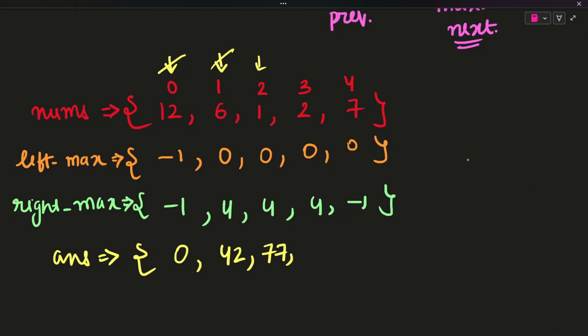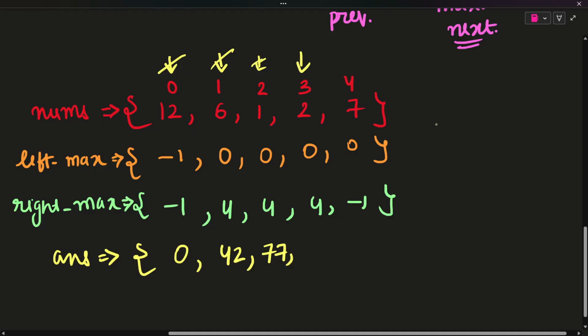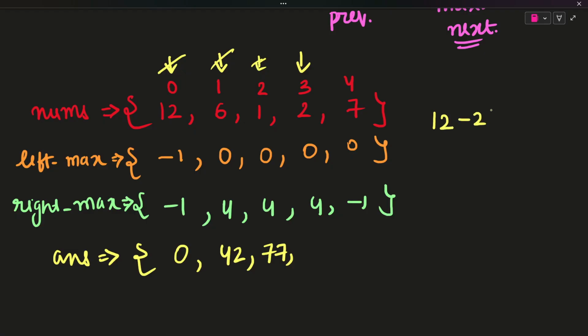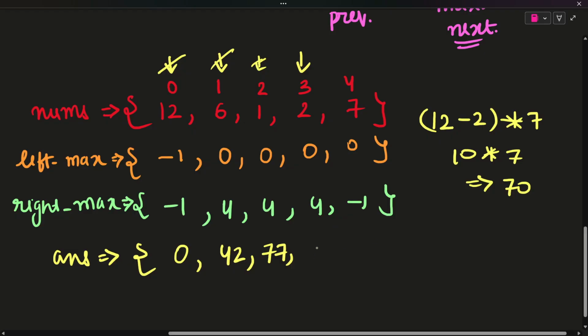Now we move to this index, right? So for 2, what's the maximum on the left, which is 12, right? Into 7, because that's the maximum on the right. This is 10 into 7, which will give us 70. It will be 70, right?